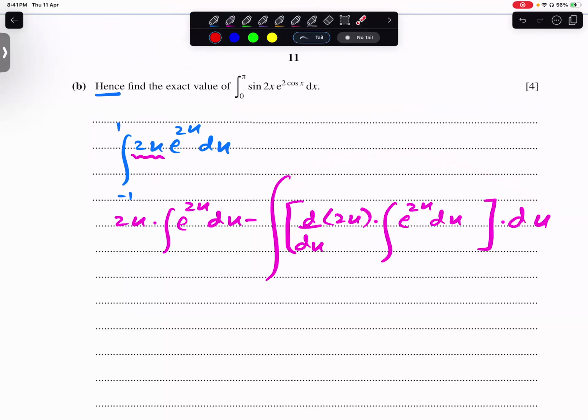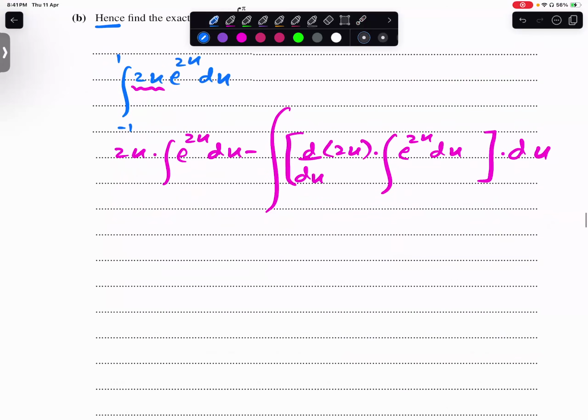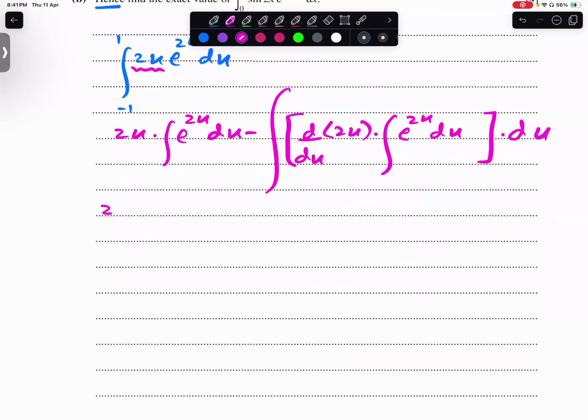What I have done, students, I considered this 2u in derivatives and this in the integral. So 2u e2u integral is e2u divided by 2 minus bigger integral derivative of 2u is just 2 dot e raised to power 2u divided by 2 du, a bigger du.